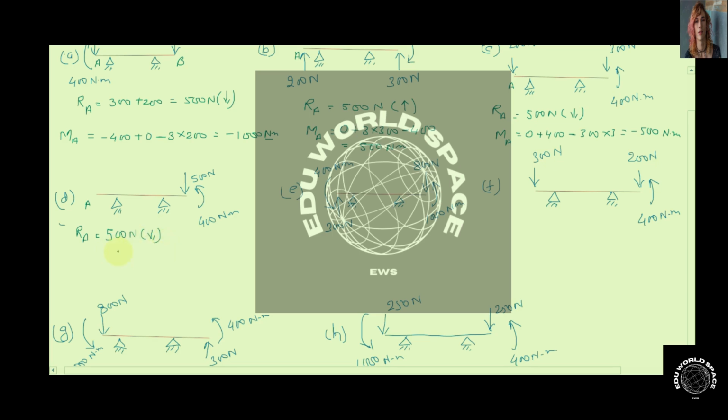For the moment about point A, because of this force and the moment present at this end, this moment is in the counterclockwise direction, so it will cause a positive couple, plus 400, and this 500 Newton is going to cause a clockwise couple, so it will be minus 500 multiplied by the distance, that is 3. So this comes out to be minus 1100 Newton meter.